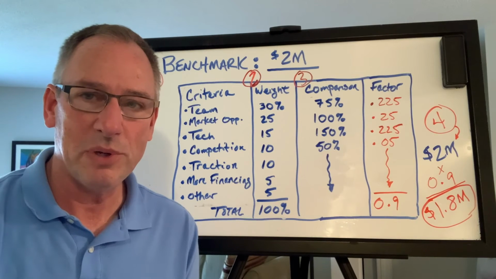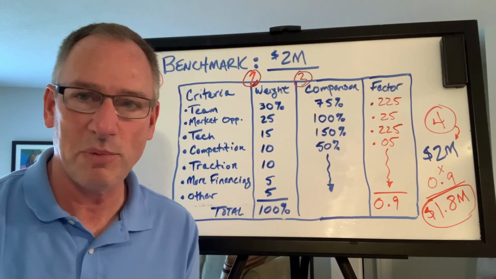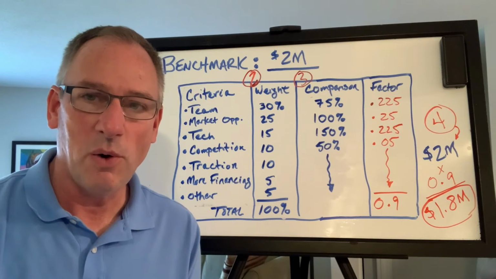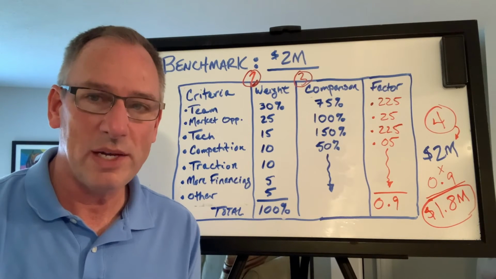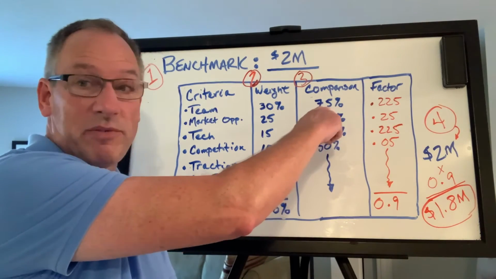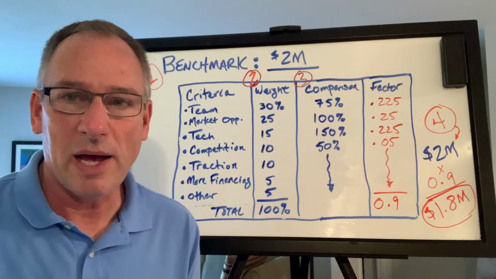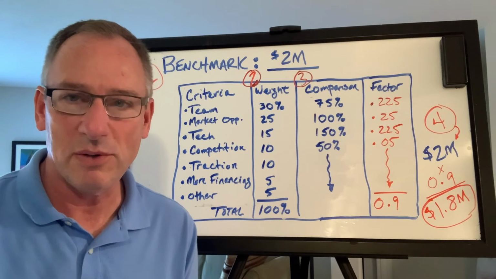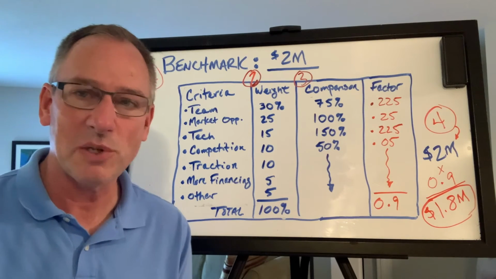Well, my team is at least as good or just about as good as that comparison company, so I'm going to give myself a 100%. Or maybe you say, my team is good, but it's not quite as good as that comparison company, so I'm going to give myself a 75%, and so on down the line. And maybe you have a top-notch technology, for example, and you know it's better than that other company, and you're going to give yourself 150%. But so on down the line.